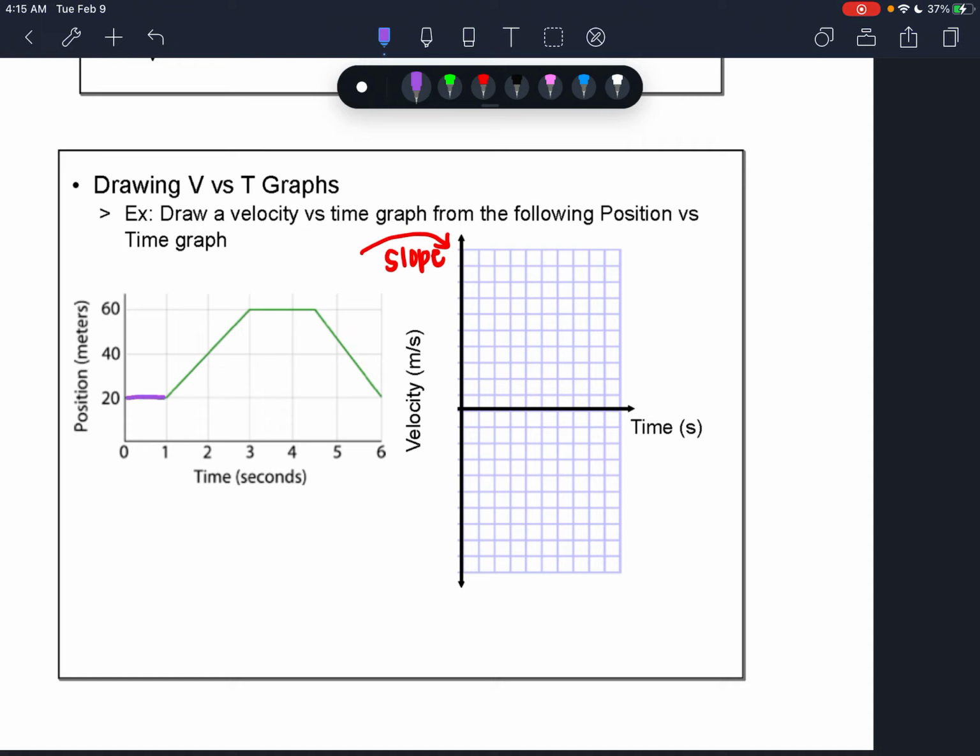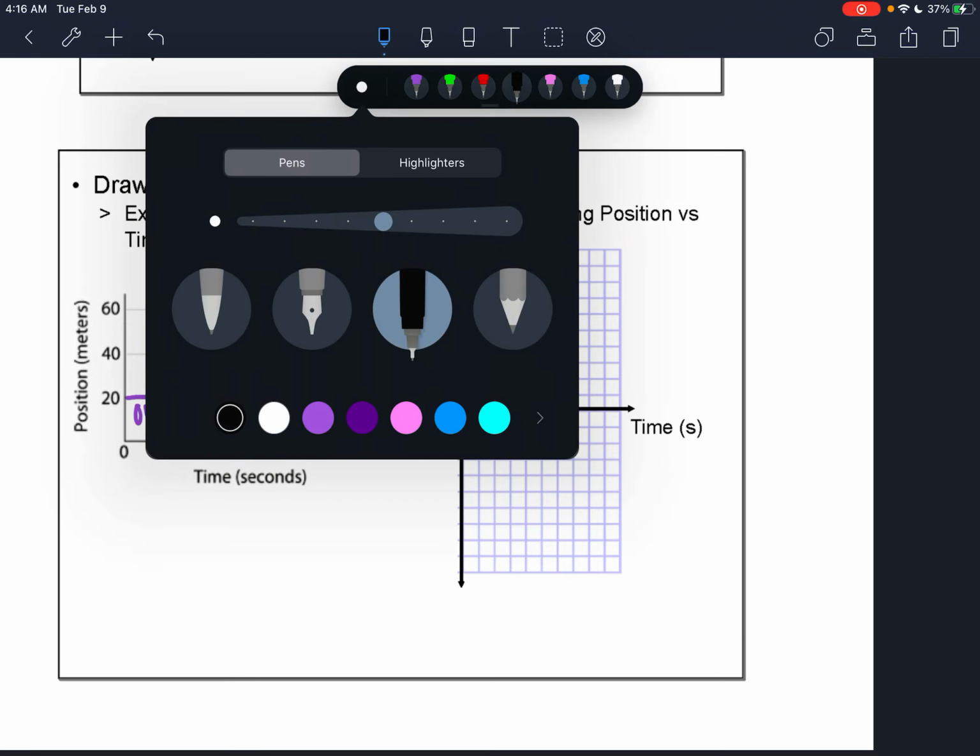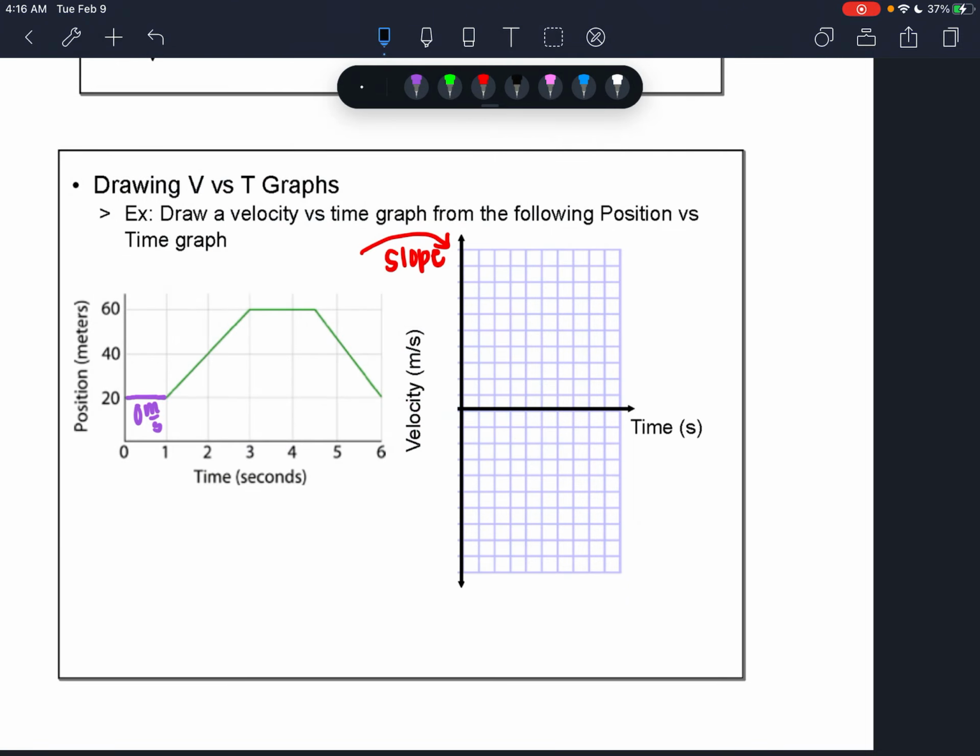So from 0 to 1 second, my object is not moving. Its position is staying the same at 20 meters, which means my velocity in this segment is 0 meters per second. So I'm going to plot that on my graph here, and I'm going to alter my tick marks a little bit.